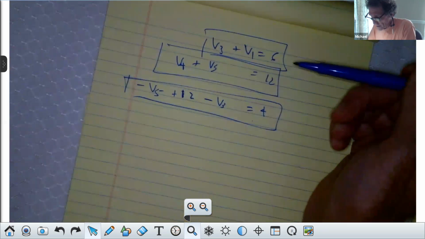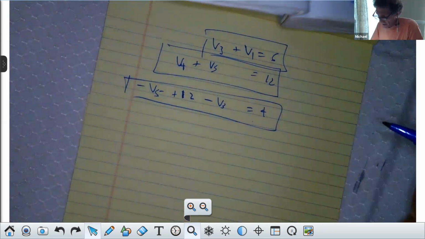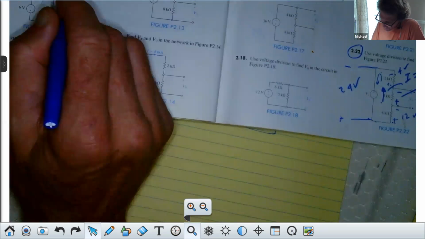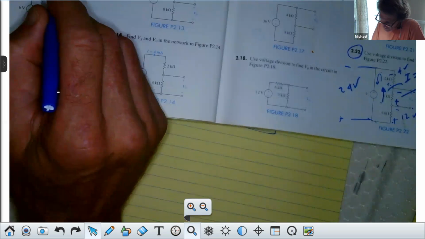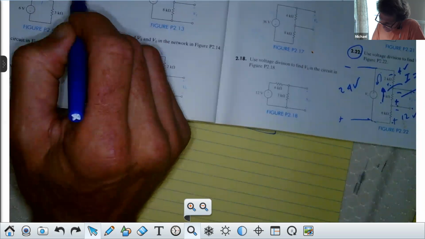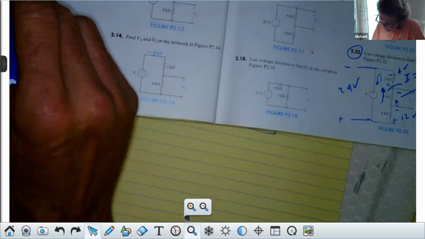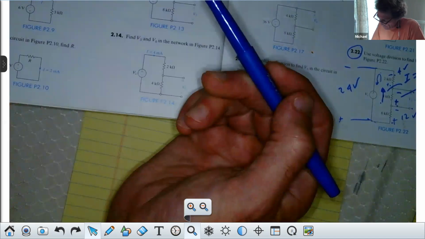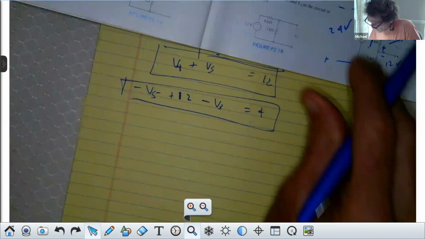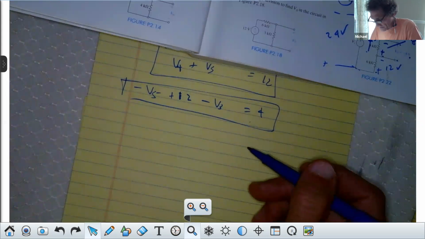The 4th equation you can get by going around here, start here, go around and up here, back down, and you're going to get another equation. It's easy to form a matrix to do this.